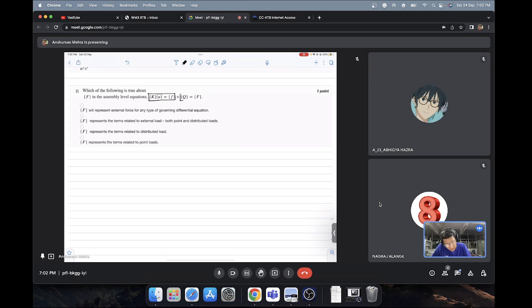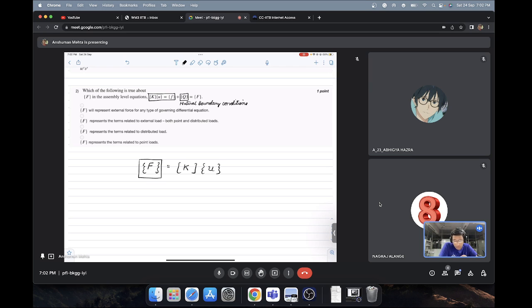This Q is for a natural boundary condition. Altogether, it is that force is equal to K into U. The question here asks: this F, what does it represent?